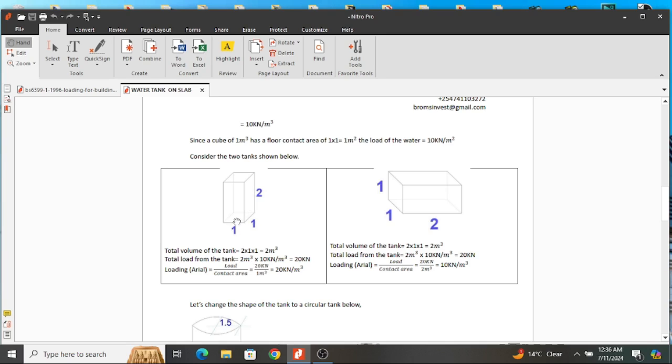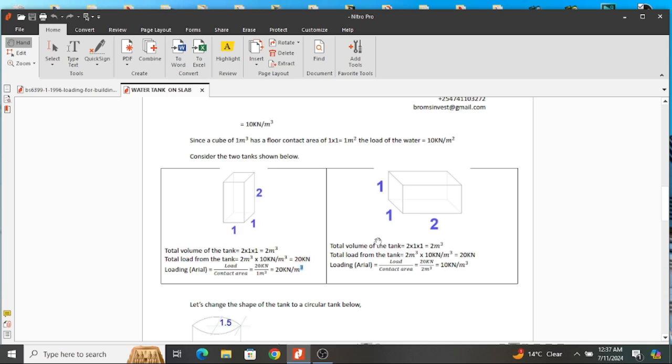So 20 divided by 1, you get 20 kilonewtons per square meter, not per cubic meter. So this first tank gives us 20 kilonewtons per square meter, because the contact area is 1 by 1.